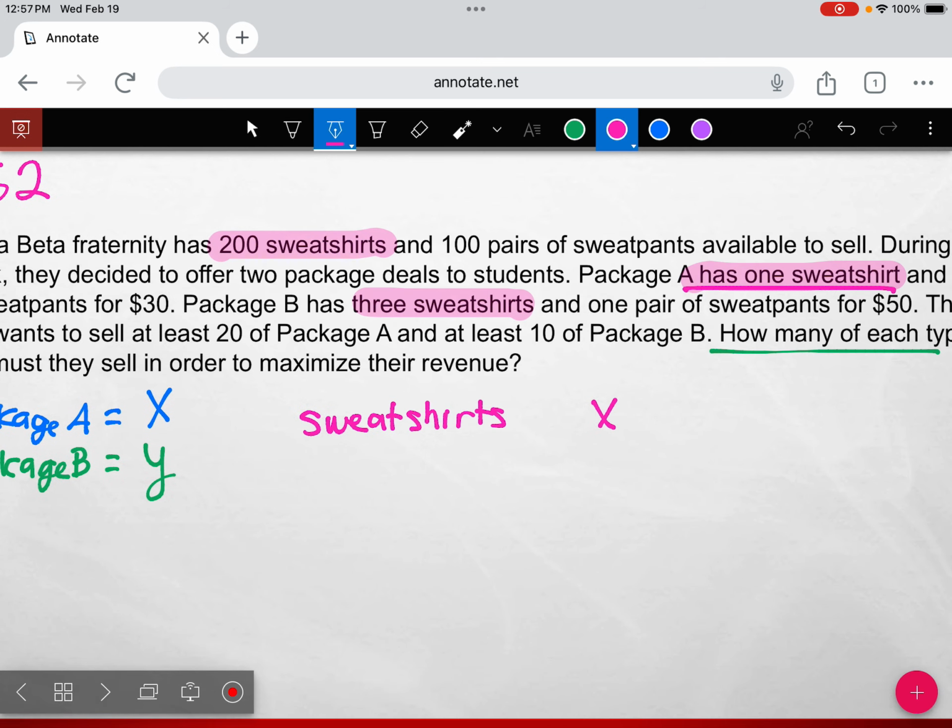And if I do package B, it gets 3 sweatshirts. They're sweatshirt obsessed. What could I do for how many sweatshirts we use in package B? How many sweatshirts do they get? 3. Every package B, which we decided to call Y, gets 3 sweatshirts.